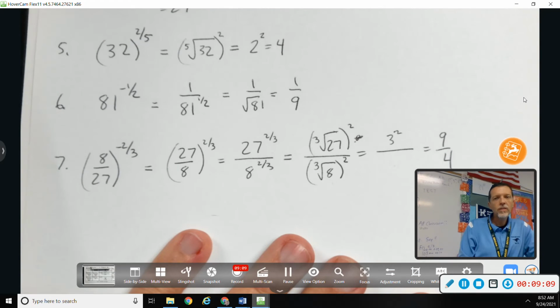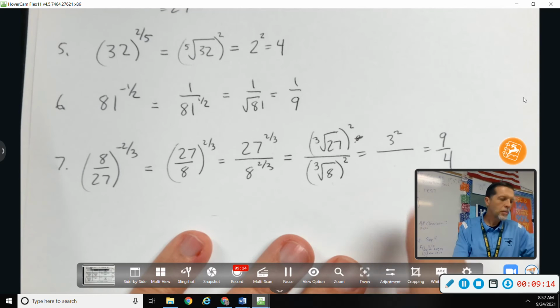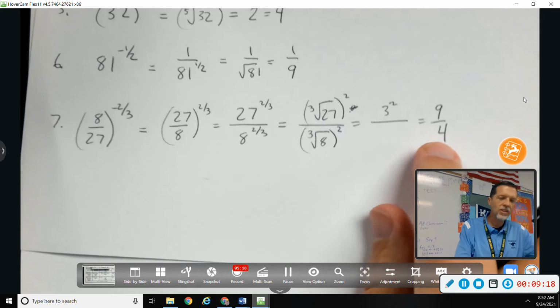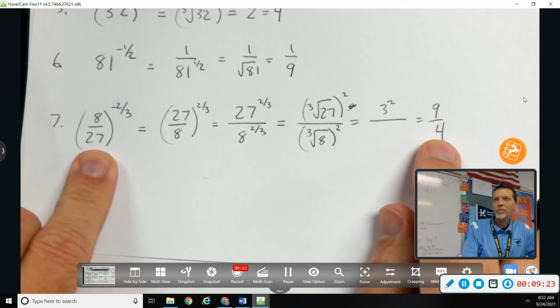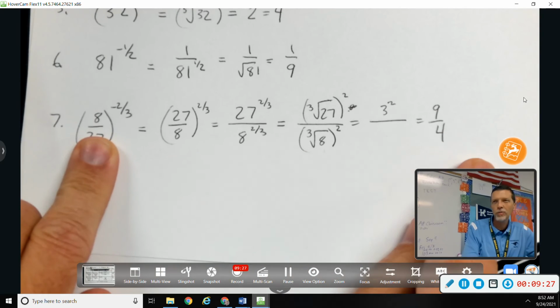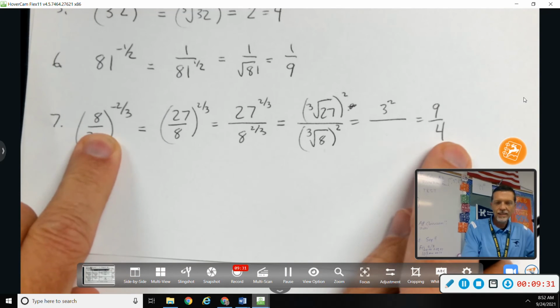So if you're comfortable skipping every other step, that's fine. But please don't try to go from 8/27 to the negative 2/3 all the way to 9/4. You're going to forget something along the way. There's just too many mental steps in there. None of them are hard. You're capable of doing any of them in your head. But if you try to do all of them in your head, something's going to go haywire.